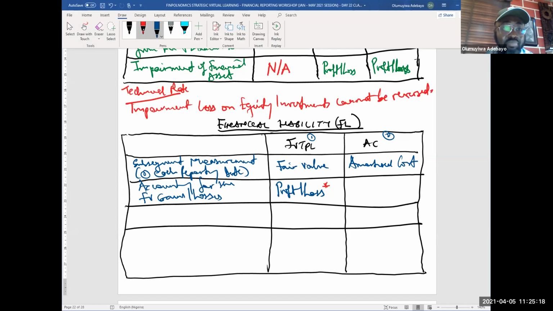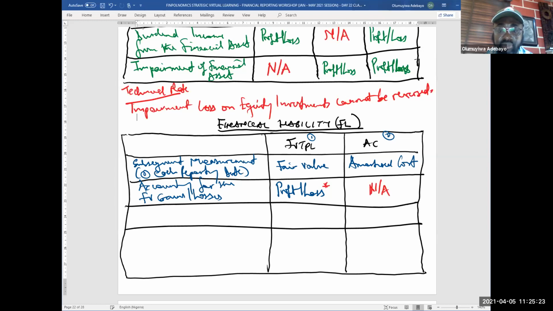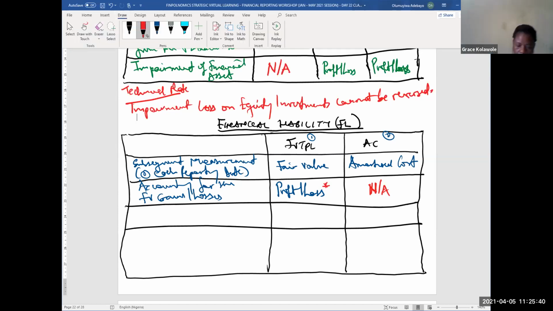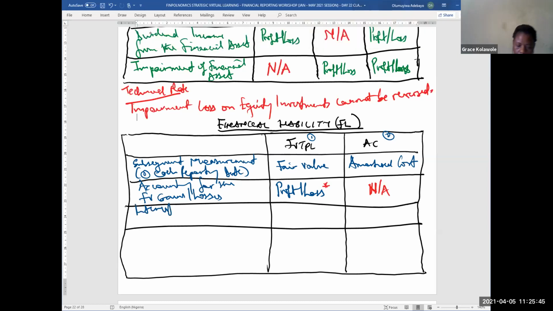It is not applicable for amortized cost. Remember, amortized cost is never measured and accounted for at fair value. Even when you have the fair value of it, you only disclose it in line with IFRS 7, but not to recognize the impact. Interest expense on financial liabilities.